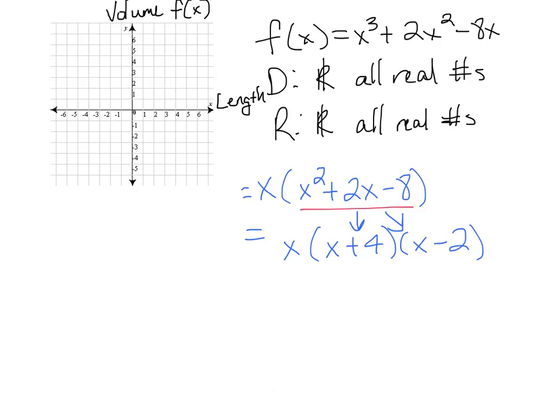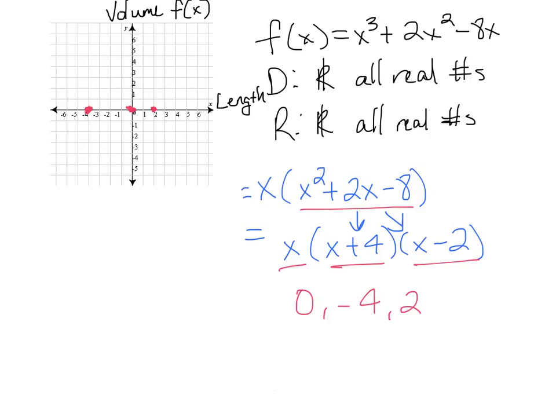All right, now from here I can see that my three zeros, as shown by these three terms and expressions, are going to be 0, -4, and 2. Therefore, I immediately know three of my points on the graph: 0, 0, at 2, and at -4. So I know where the zeros are.